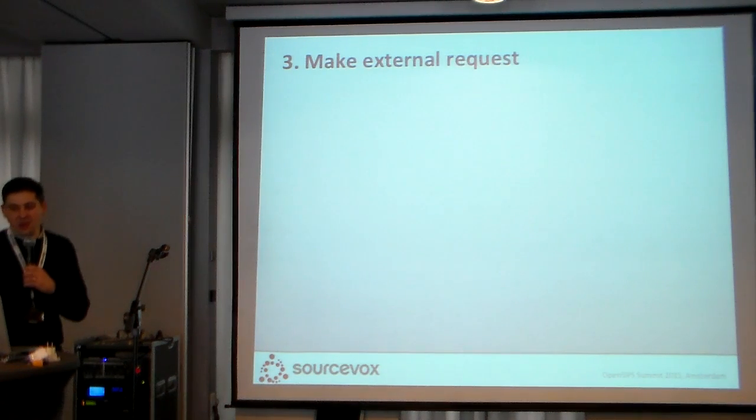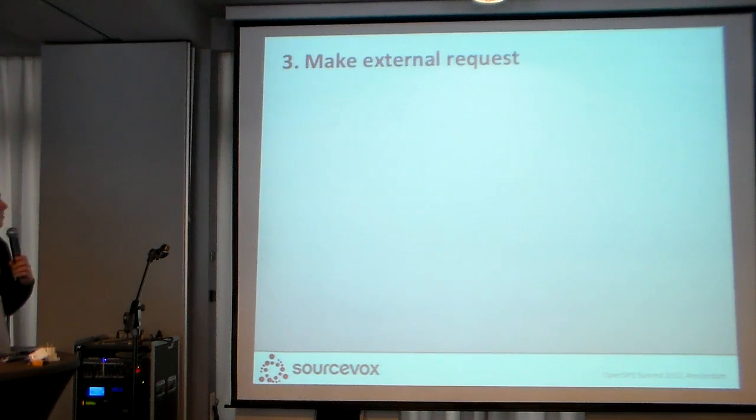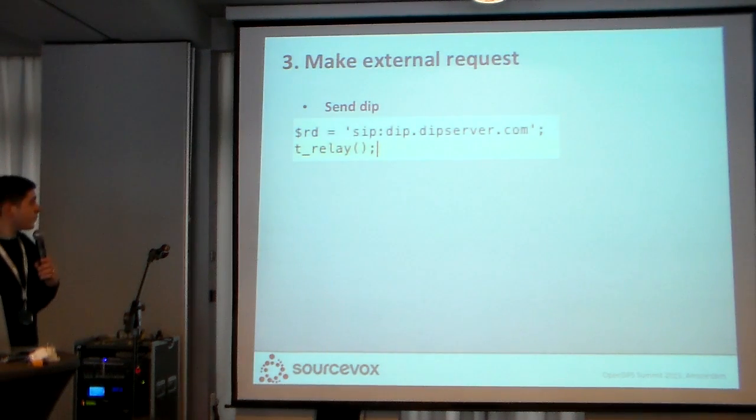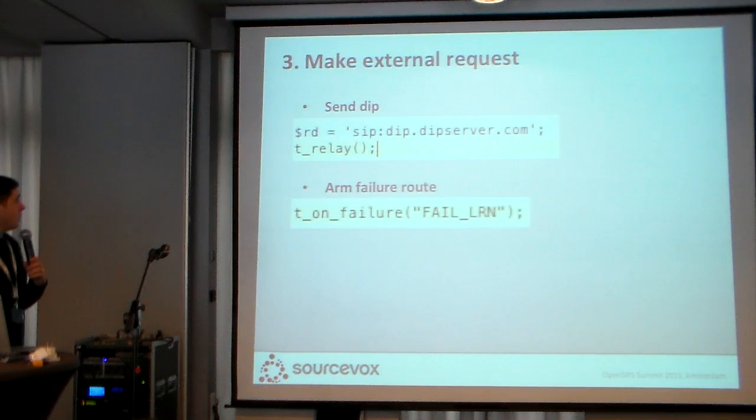Just as a quick overview, in case people are unfamiliar, when you make this external request, you simply would need to proxy the call as usual. And what OpenSIPS allows you to do is arm failure routes.